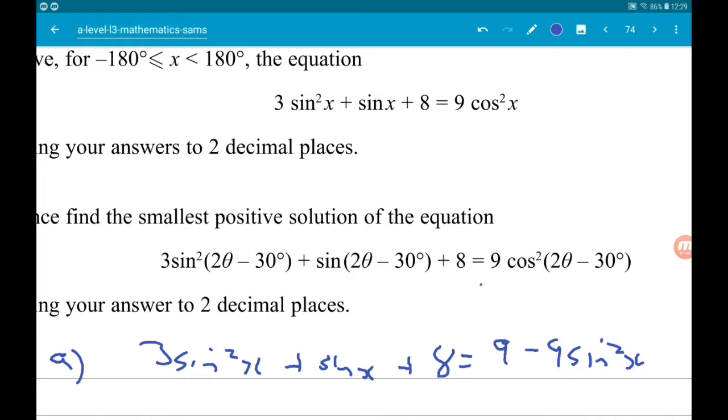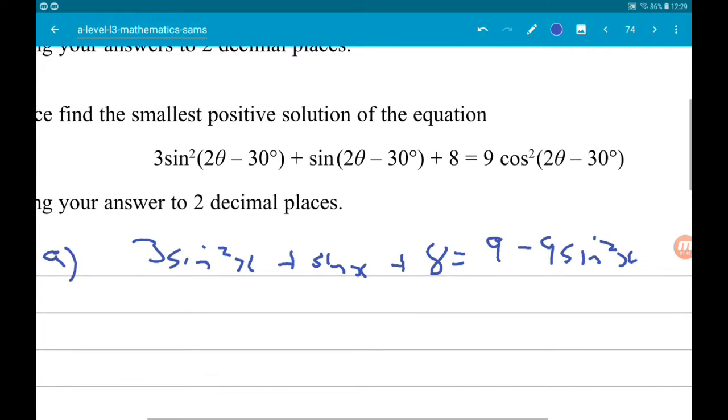Okay, get everything on the same side. So if we add 9 sine squared, we get 12 sine squared. Add sine.